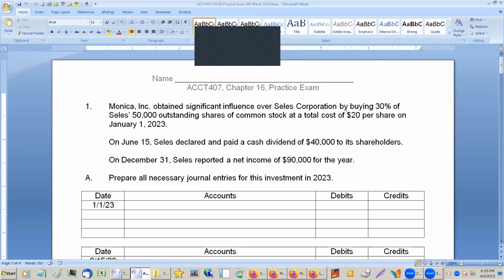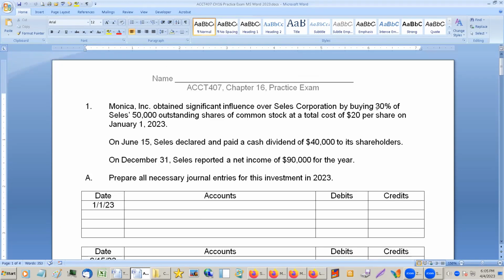Speaking of the equity method, 30% of the shares, they don't tell us anything else, so it's between the 20 and 50%. So this is going to be the equity method.